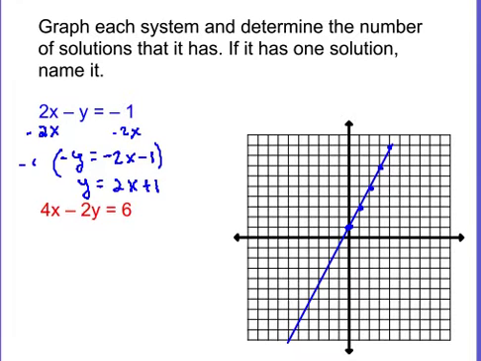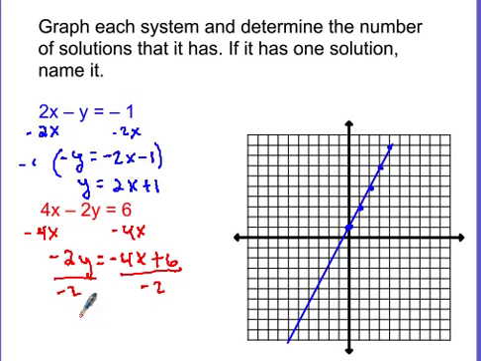All right, now, same thing here. Let's set this one equal to y. So we've got subtract 4x. So negative 2y equals negative 4x plus 6. Everything gets divided by negative 2.